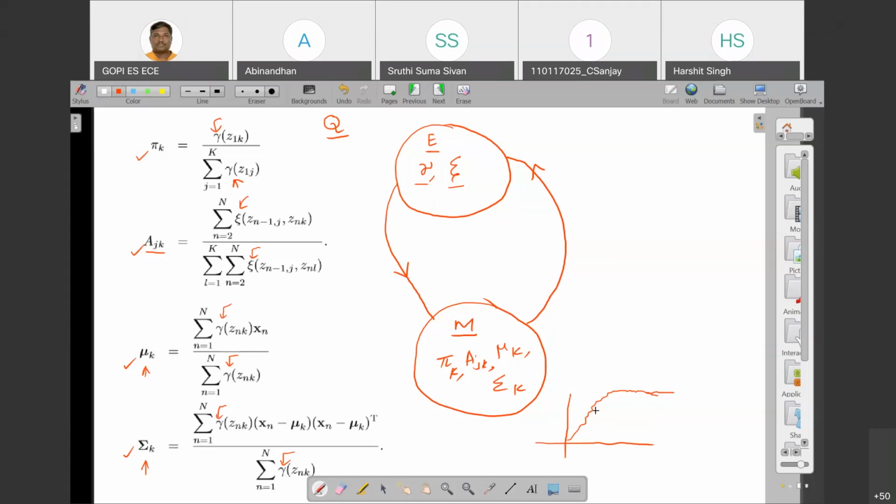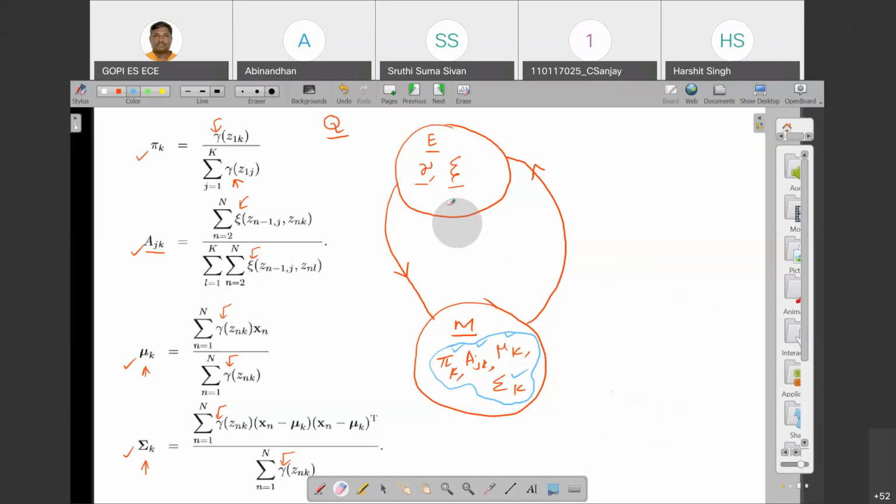After that, we are interested in these parameters, which are basically the model of the sequential model we are talking about, the hidden Markov model. These are all the hidden parameters. Once you get these parameters, your model is ready. Your model is ready only if I know these values.